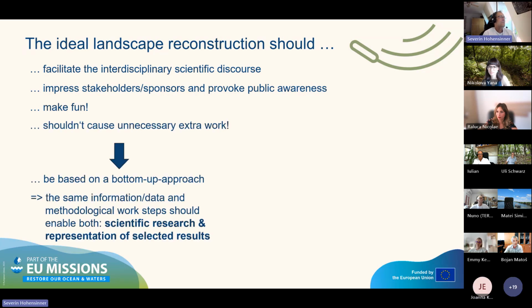And it shouldn't cost too much unnecessary extra work. So we generally follow a bottom-up approach, which means the same information, data, and methodological work steps should enable both the scientific research and the representation of selected results.